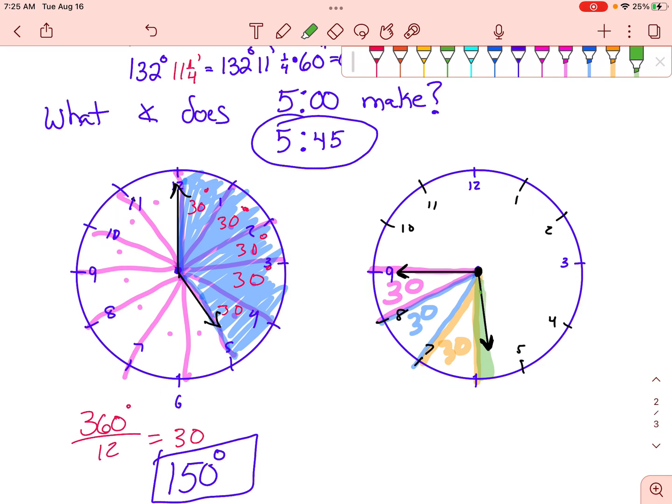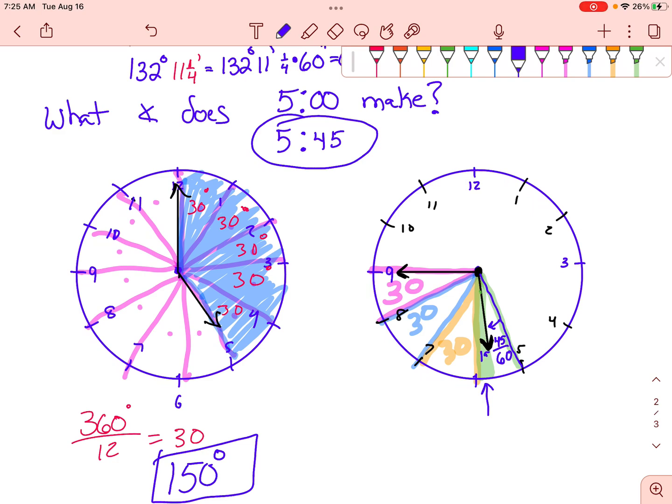Okay, and so what we have to do is figure out what portion of the 30 degrees this is. So in this time period, if I'm looking at this green piece, my clock hand moved 45 of the 60 minutes. So how much does my clock hand have to move to get to the 6 o'clock mark?